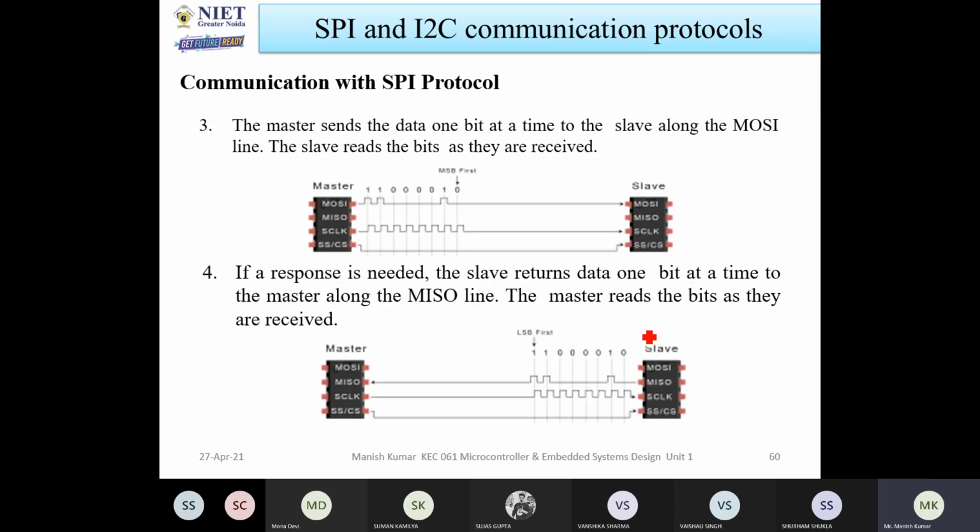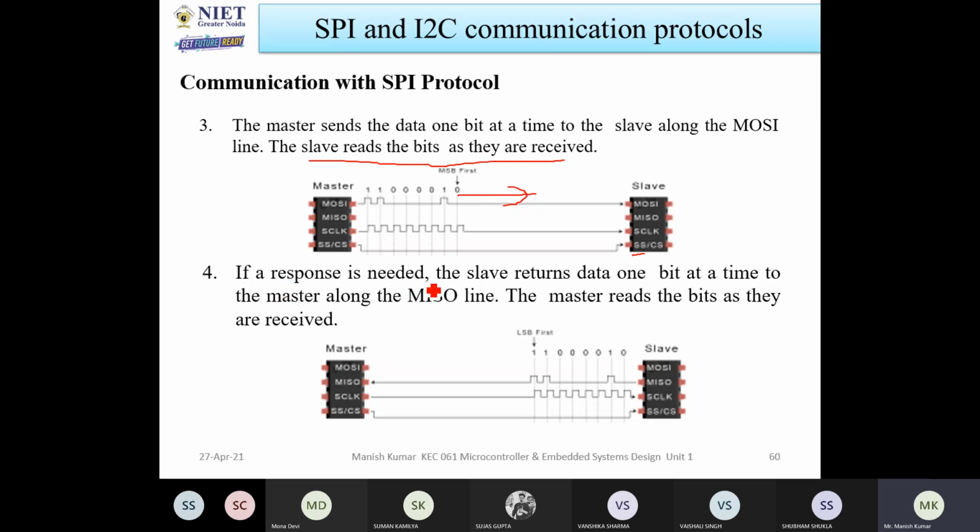So the third case, what will happen? In the third case, the master sends the data through the MOSI pin, and the slave reads the bits as they are received. Since you have already activated the slave select lines, as soon as the master sends the data, the slave will read the data.